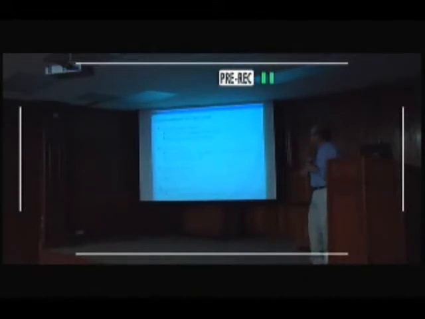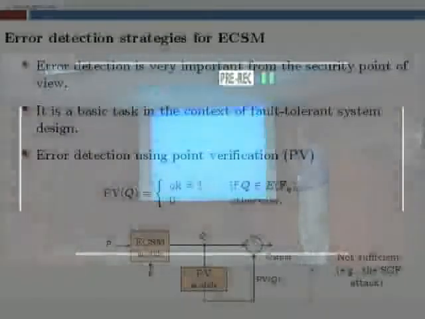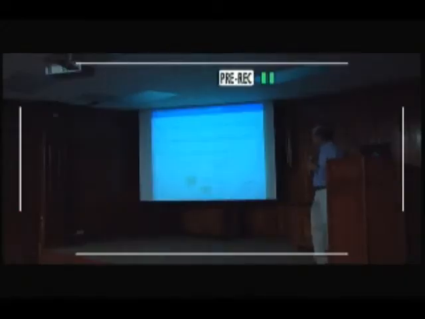Another could be a coherency check. I will explain this later. But basically, in ECC, we need to have error detection, and point verification is not always enough. The sign change attack is one example of this. Error detection is very important from the security point of view, and also if we have a very good error detection scheme, it's possible to have even some fault-tolerant schemes.